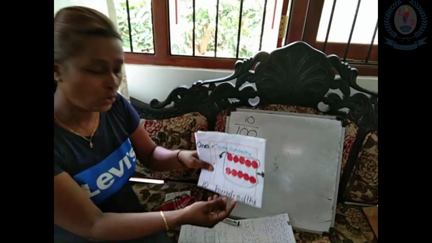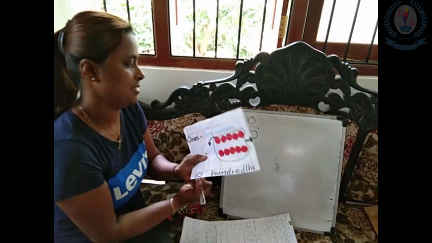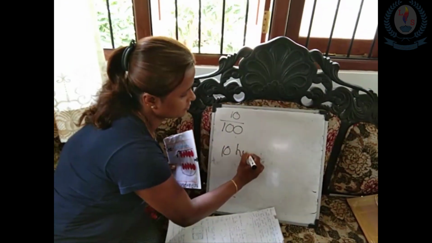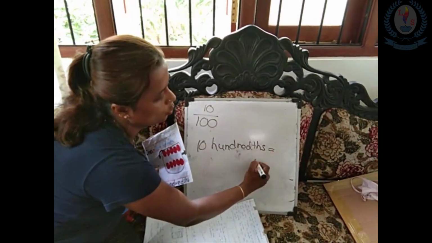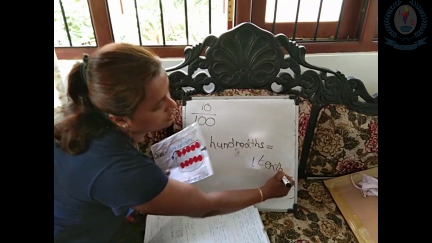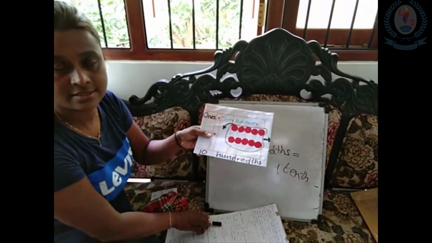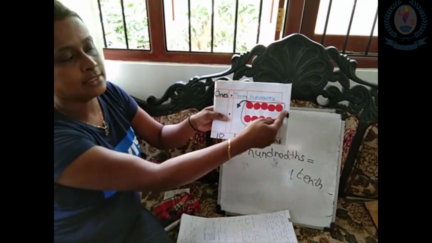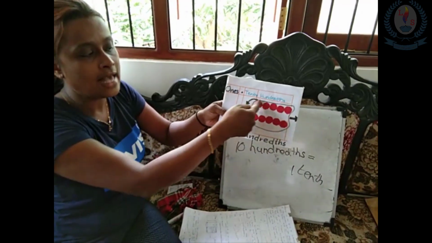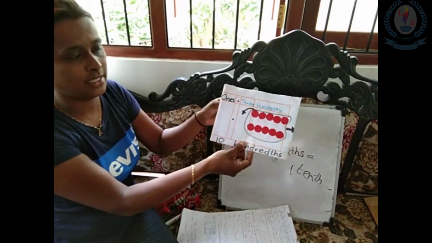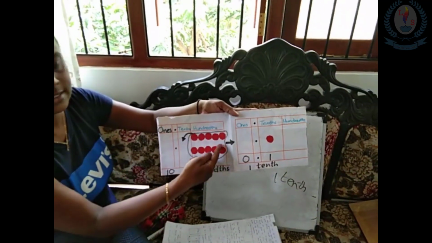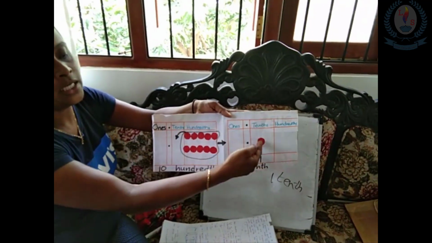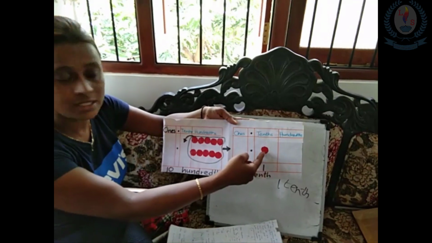But we know that 10 hundredths equal 1/10. So we have to regroup this. Let's take these 10 hundredths as 1/10 to this side. Look at this. These 10 hundredths, when we regroup, come as 1/10 to the tenths side.